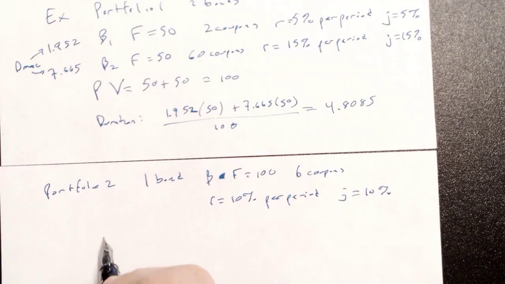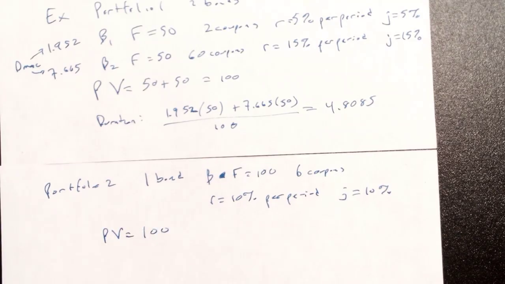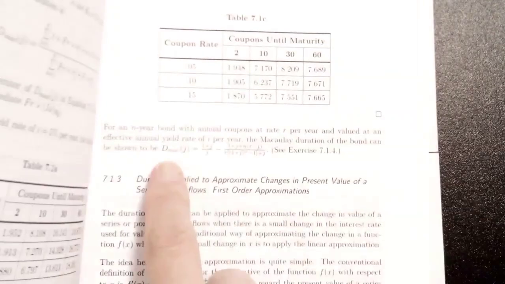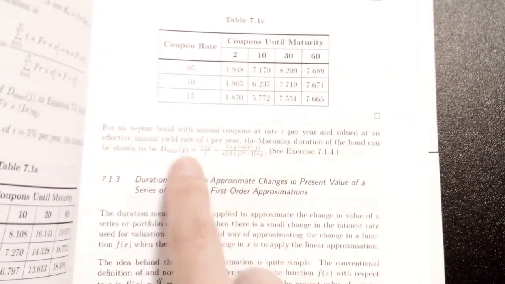Again, that means that the present value, because this is at par, is 100. I don't know the duration of this one, so I'm going to cheat and work it out right now. But I am going to use this oddball formula that we talked about on Thursday here on page 333.